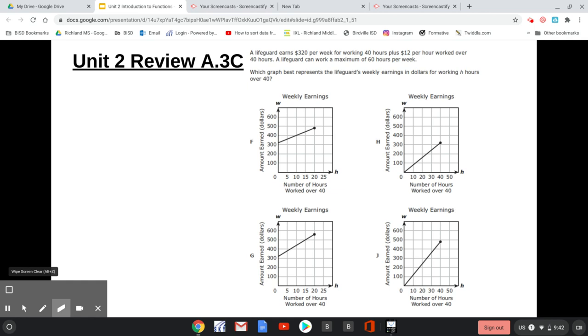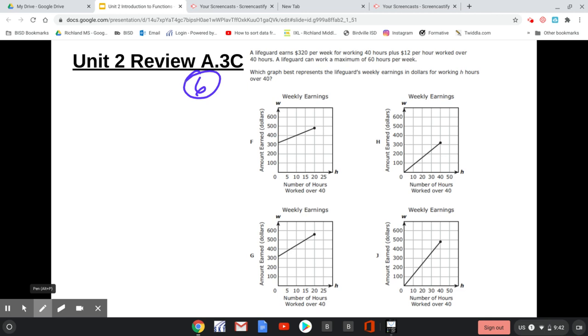So this would be number 6. So I'm going to write that on here. Here we go. A lifeguard earns $320 per week for working 40 hours plus $12 per hour worked over 40 hours. So a lifeguard can work a maximum of 60 hours per week.